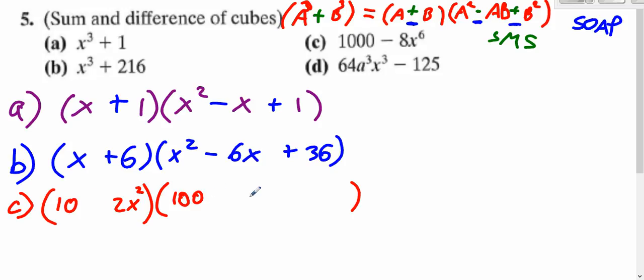Multiply them together, 20x squared, and then squared will be 4. X squared squared would be x to the 4th. And then fill in the signs. It's a minus in the problem, so same, opposite, always positive.